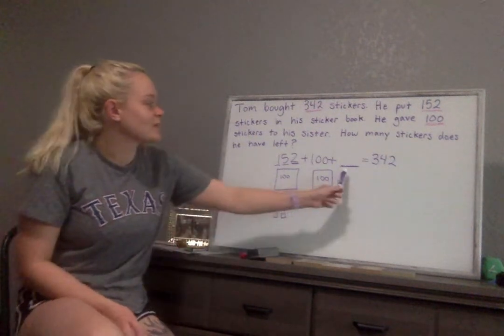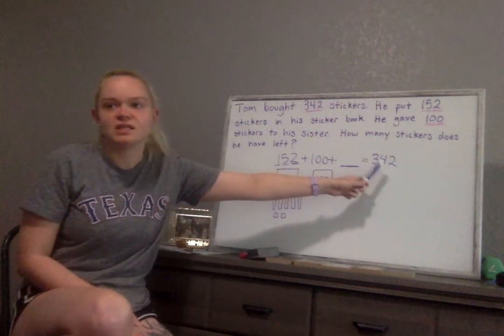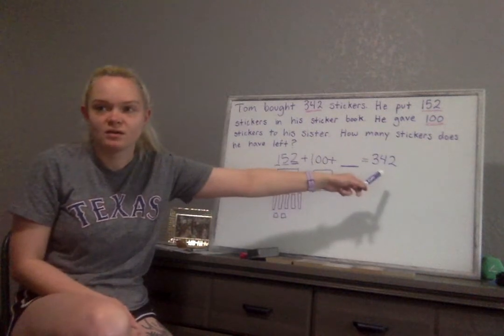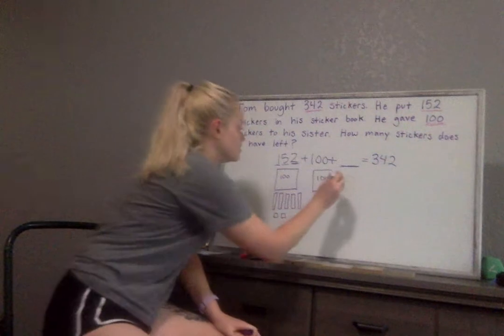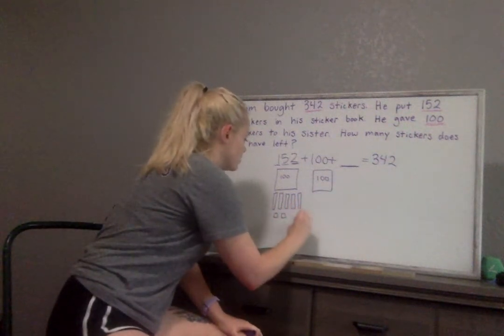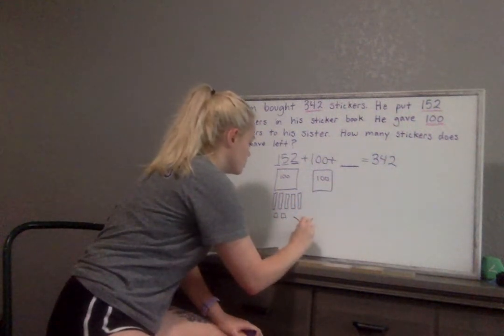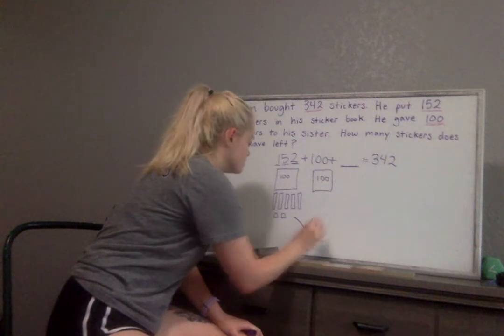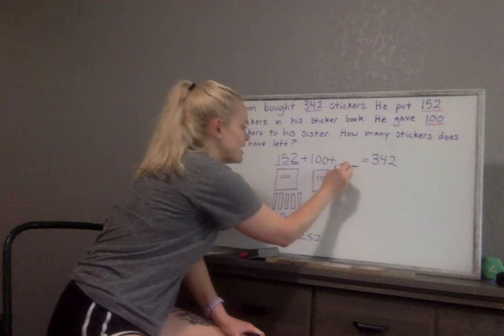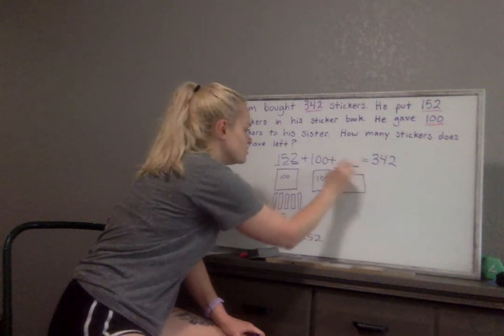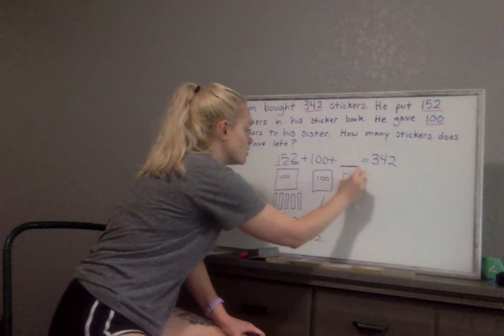Okay, so now we're going to count on using our pictures to get to 342, okay? So I'm going to write down here so you already know that these equal 252, okay? I know that these two are going to equal up to that. I'm going to guess and say, okay, maybe I can add another 100, okay?